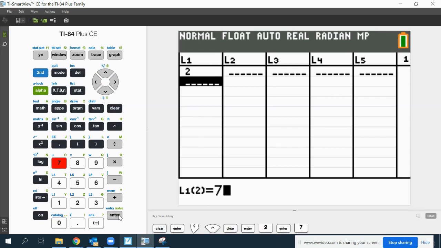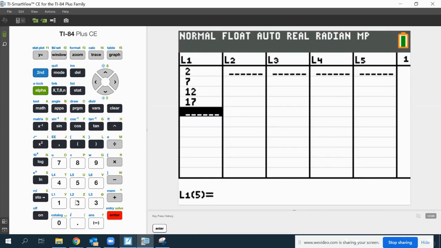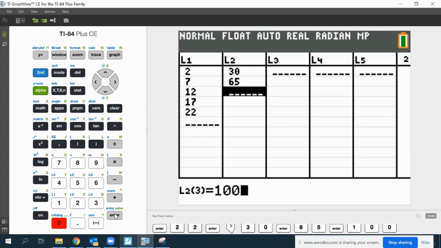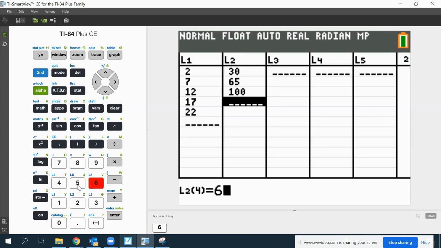So 2, 7, 12, 17, and 22 were the X values. Then the Y values were 30, 65, 100, 65, 30.